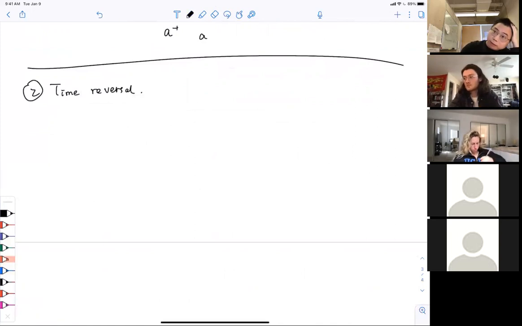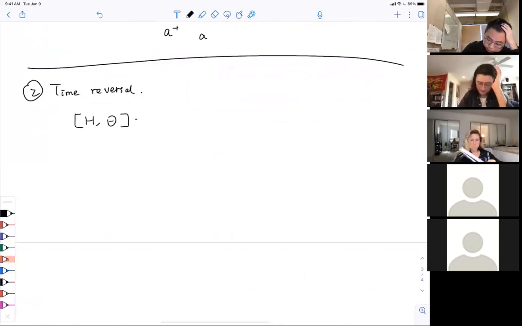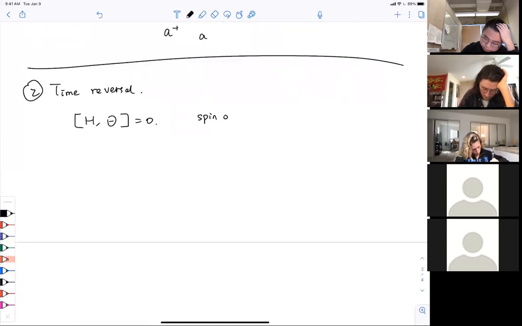One important statement related to time reversal is: if a Hamiltonian has time reversal symmetry, and it's also spin zero, meaning there are no spin degrees of freedom, and also has no degeneracy.